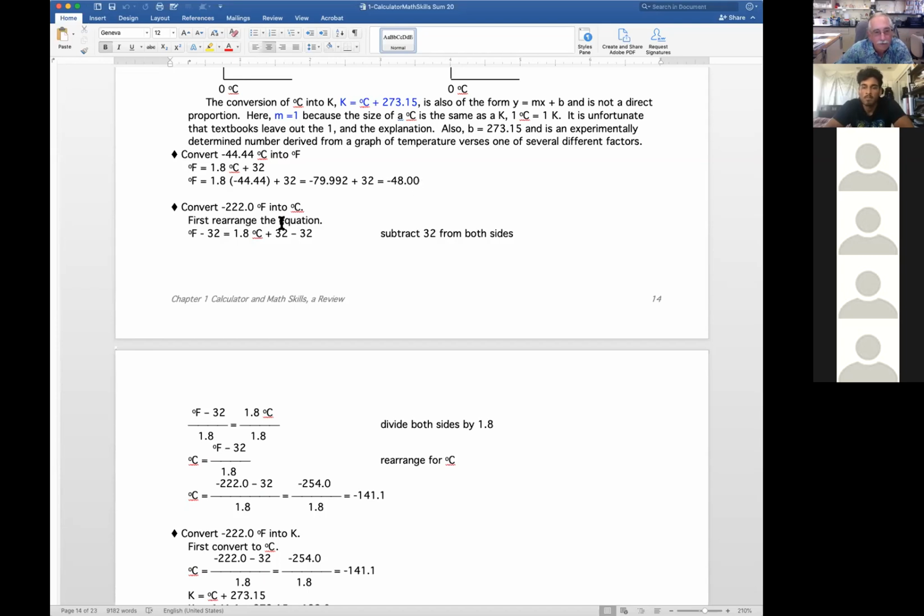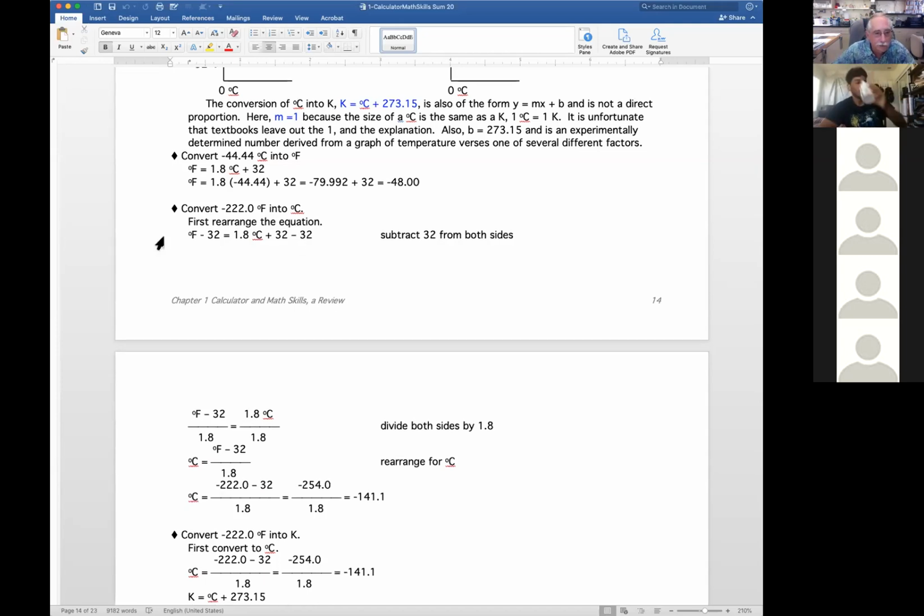Now we go the opposite direction. Convert negative 222 Fahrenheit into Celsius. What I did first is I rearranged the equation. I did the algebra first, and then I substituted. What I notice students try to do is they try to substitute and then rearrange the equation. It makes it more complicated.